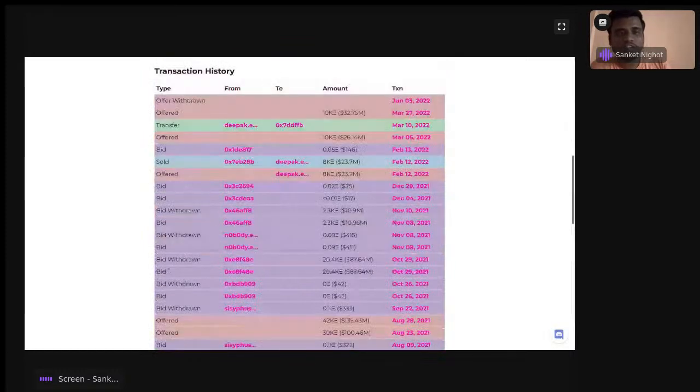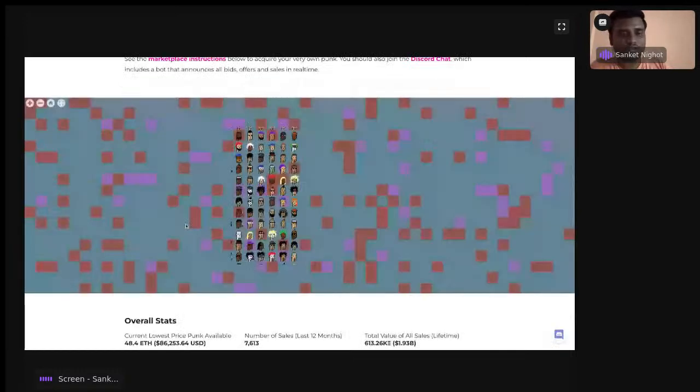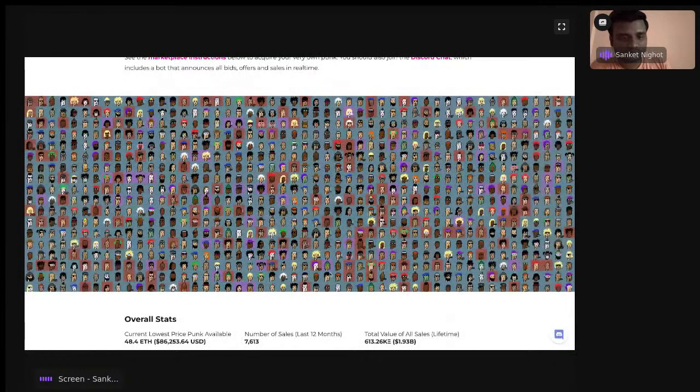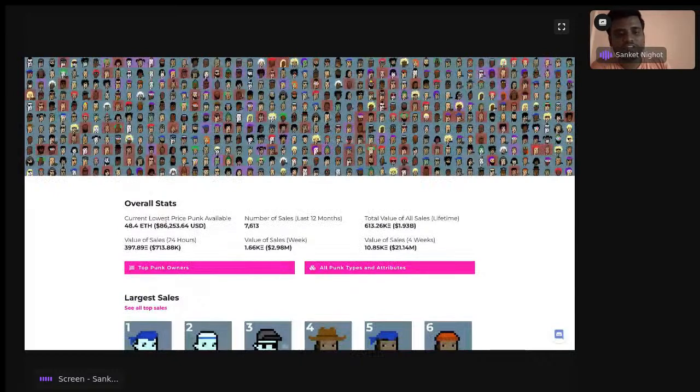There are thousands of NFTs, and you can see that the lowest price punk available is 48 ETH, that is $86,253. This is the lowest price, so all the prices are above it. There are around 7,613 for sale, and they have sold 7,613 in the last 12 months.